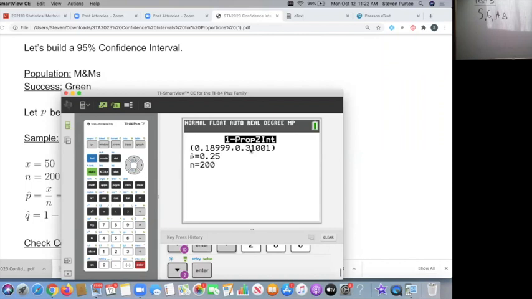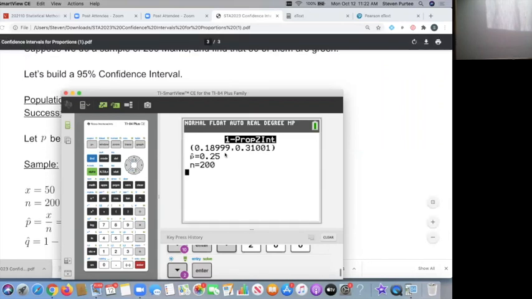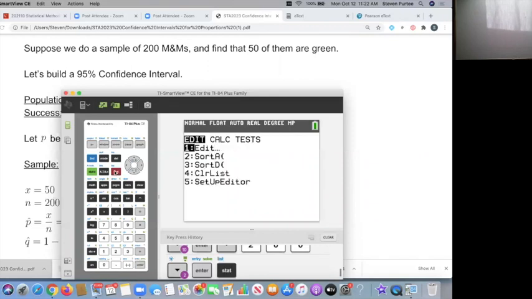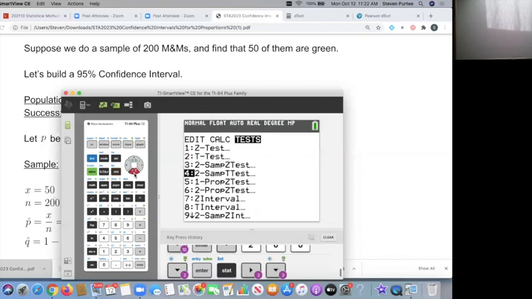What if we wanted to be more confident? Let's work on the same problem. So for 95%, we are 95% confident that between 19% and 31% of all M&Ms are green. Let's do 99%. Let's raise our confidence. Let's be more sure about our answer.